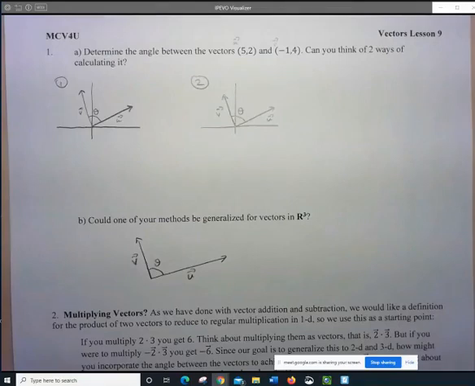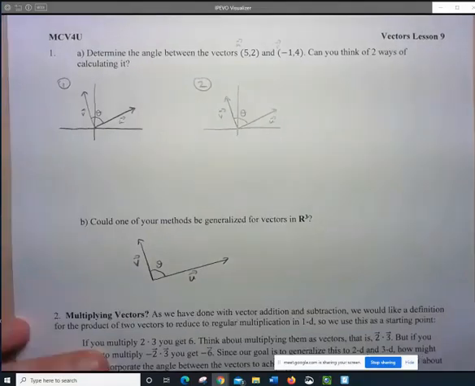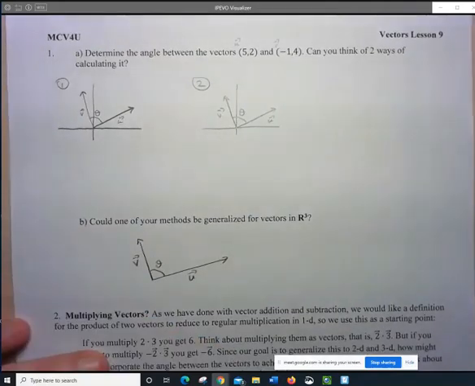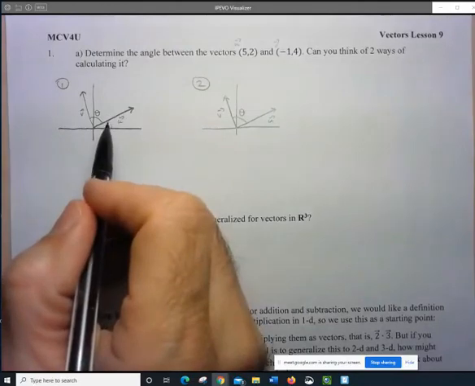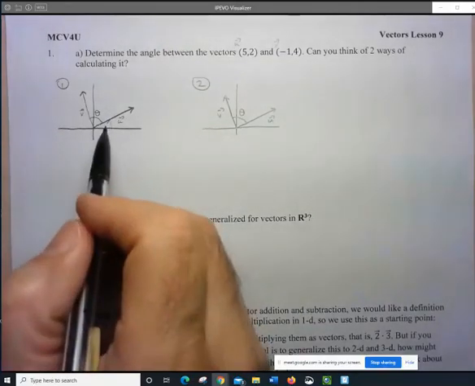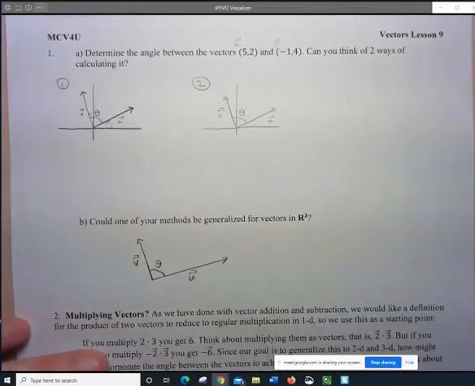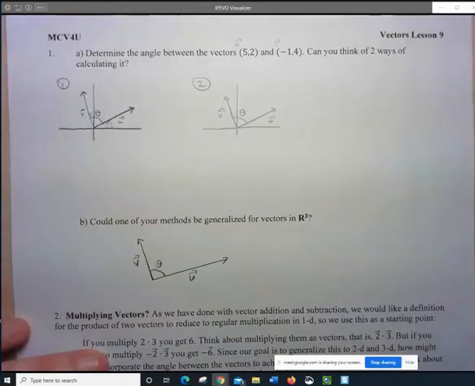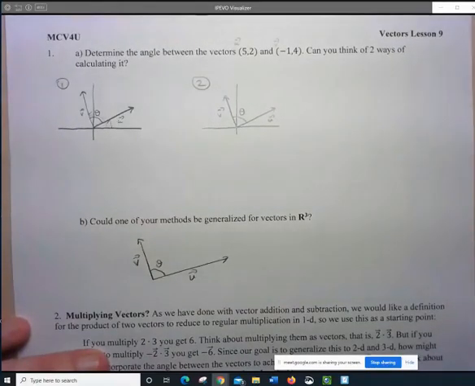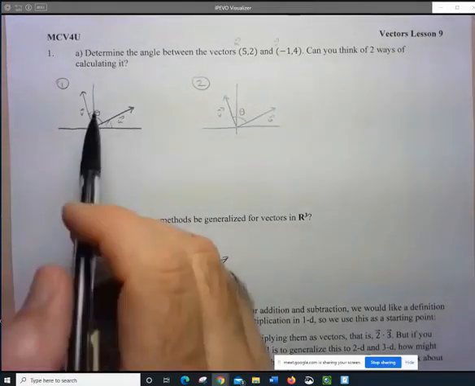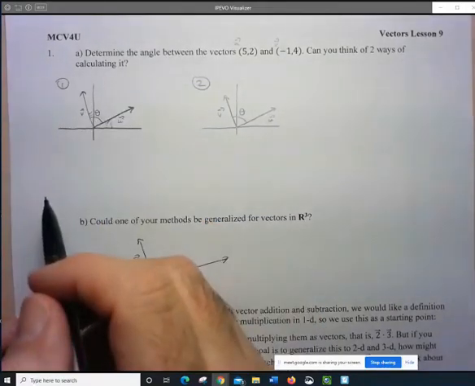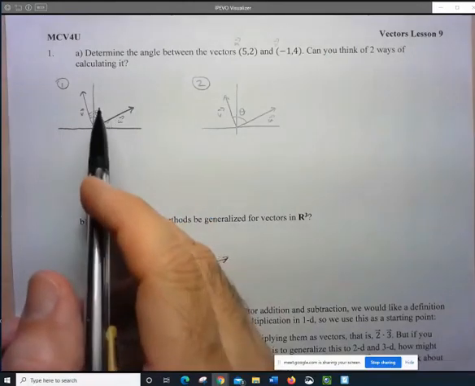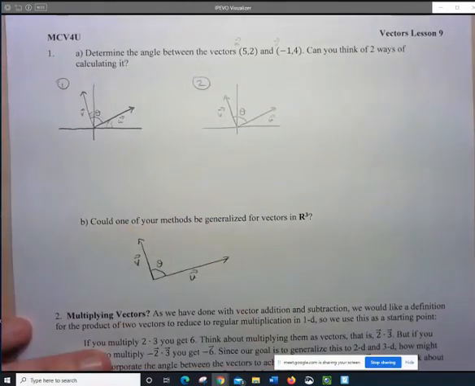You find the angle from the positive x-axis to vector u, and then find the angle to vector v. Now, do you even have to go through the process of finding it from the positive x-axis? Can anybody see an equivalent way that saves you a bit of a step?